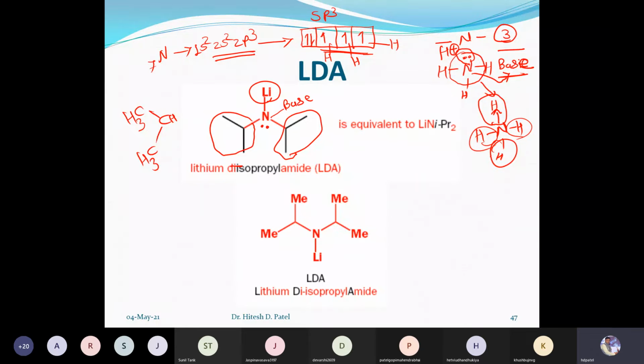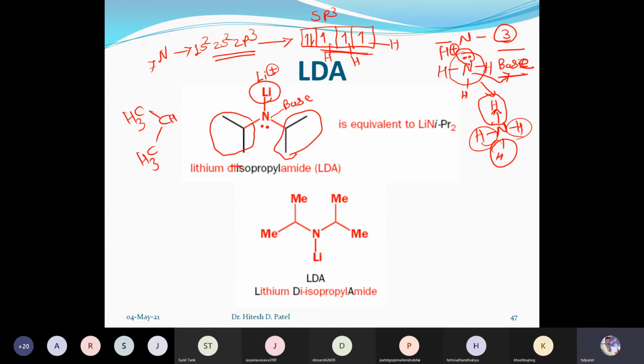Here Li, which is attached to the nitrogen, has a tendency to donate electrons, and Li is always electropositive, and that's why here it is known as a strong base. But although it's a strong base, it will not give a nucleophilic substitution reaction.